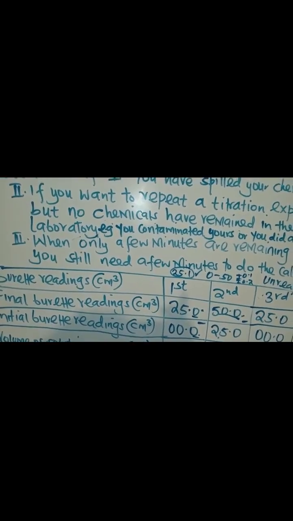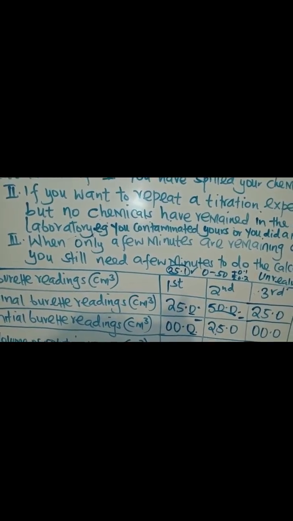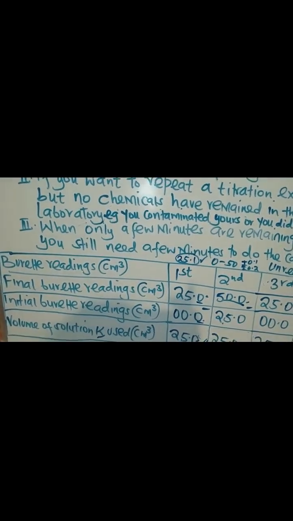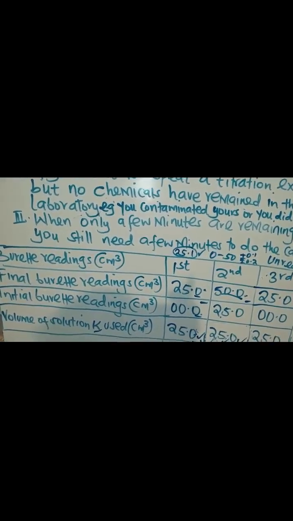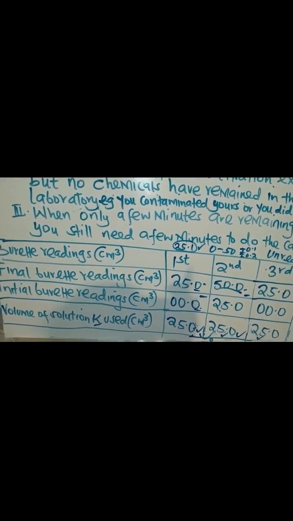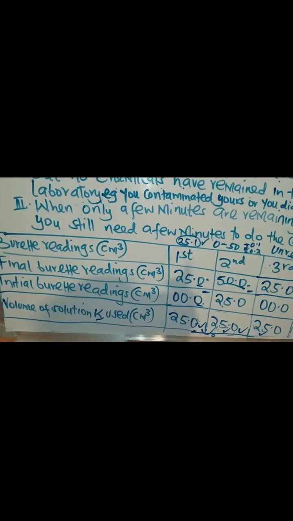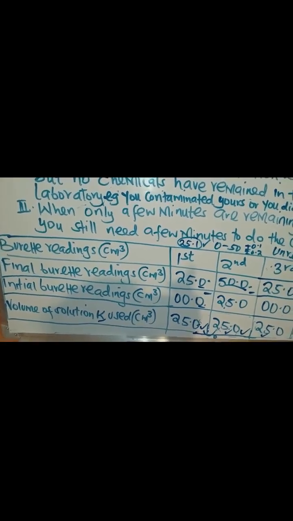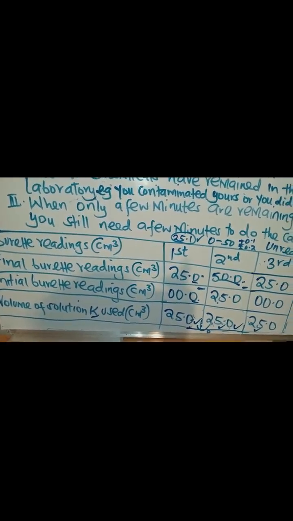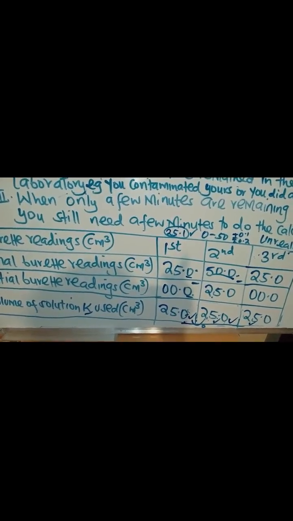I spent my time in other experiments, and when I reached the titration experiment, there was no time remaining, so I left the table not filled. I didn't do the calculations. There'll be no one to understand you, so you have to save the situation.